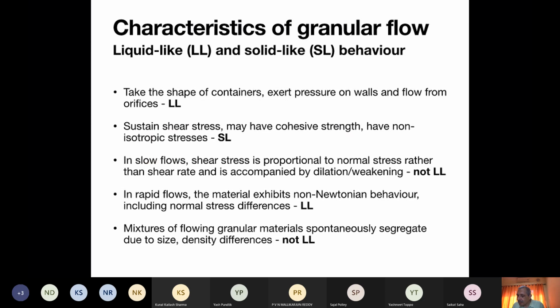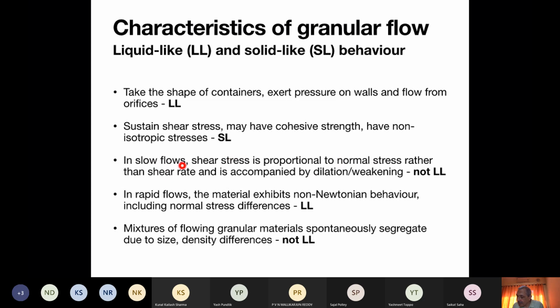If you look at very slow flows, the shear stress is proportional to the normal stress rather than the shear rate. And it may be accompanied by dilation or weakening. Now all these terms seem a little strange, but we have seen this, because in the very slow flow regime, since the flow is purely frictional, then as per the friction laws, the frictional force depends only on the normal stress and not on the relative velocity.